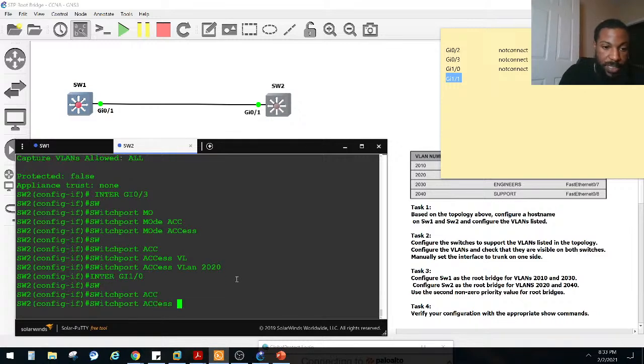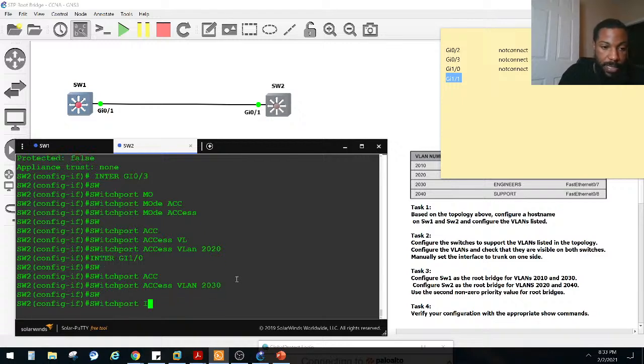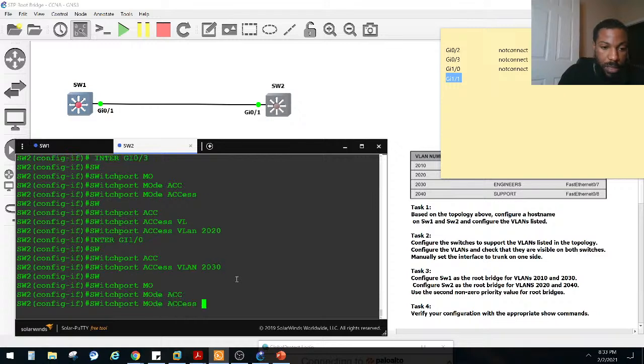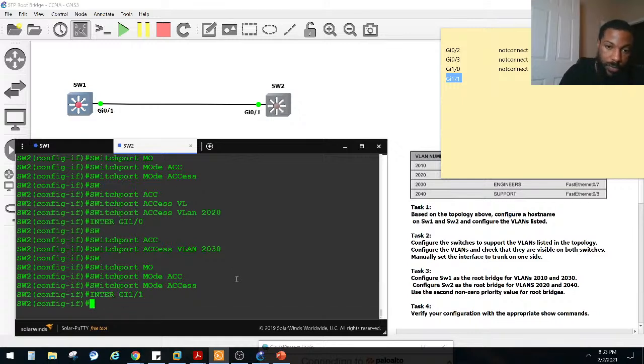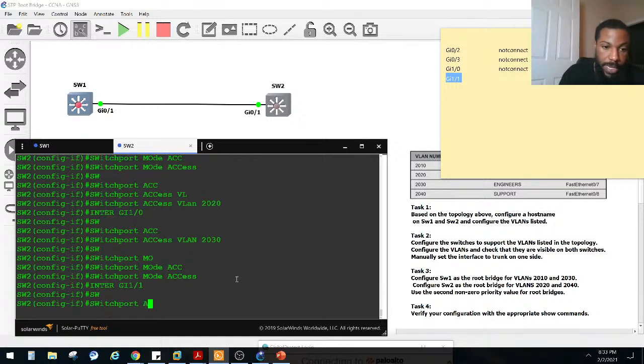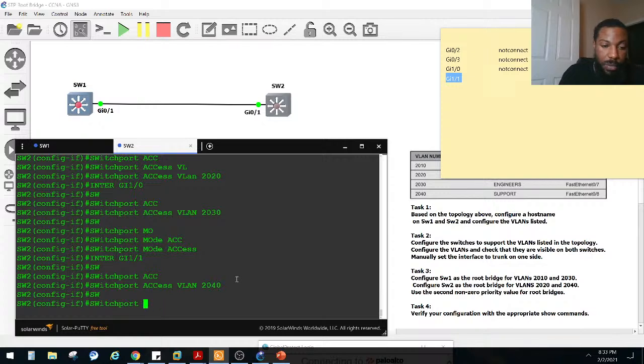Switchport access VLAN 2030. Switchport mode access. And then the last one was gig 11. Switchport access VLAN 2040. Switchport mode access.